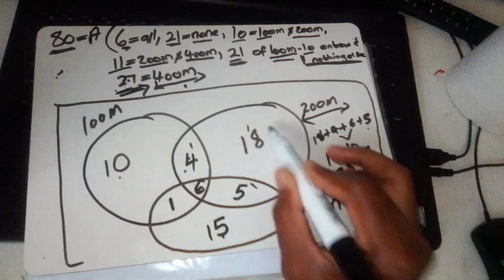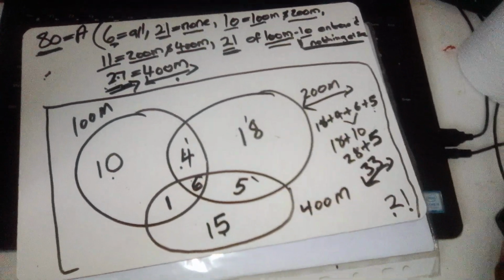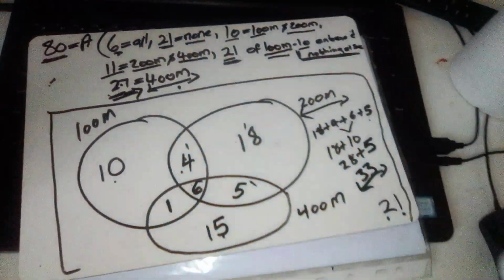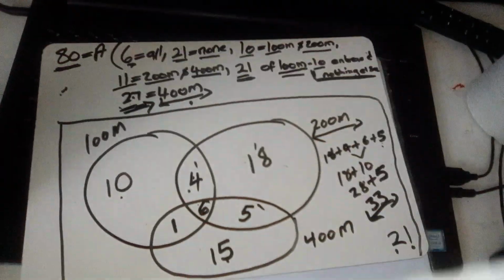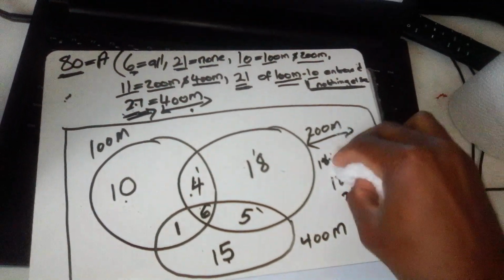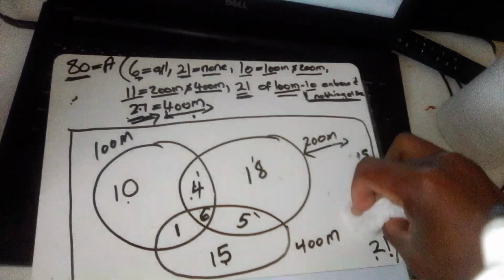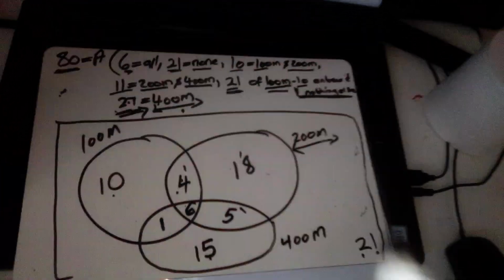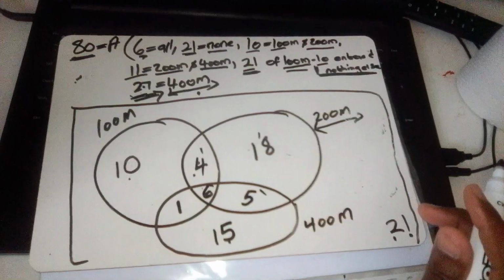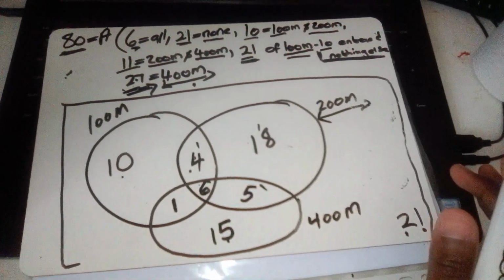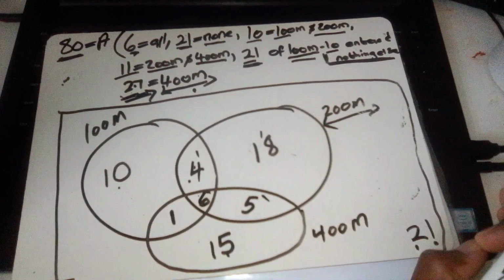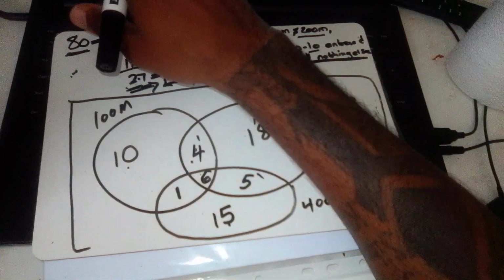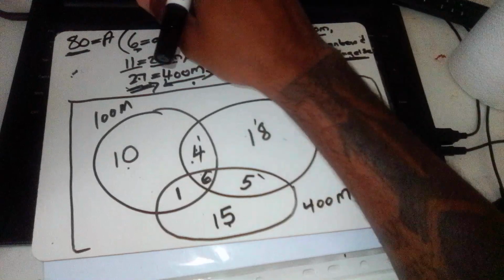It's this one. And then C says, what is the probability of an athlete selected at random running in at least two of the events?